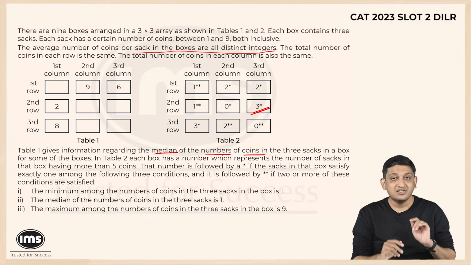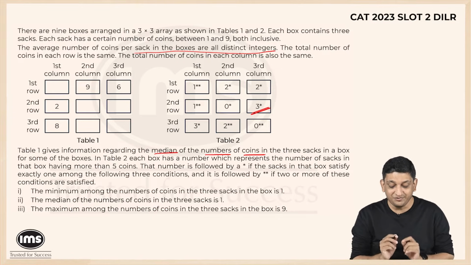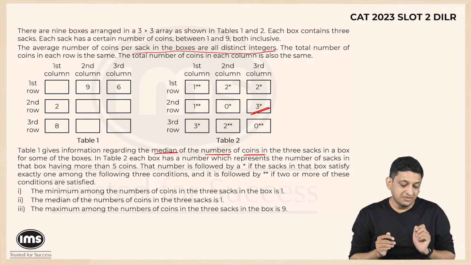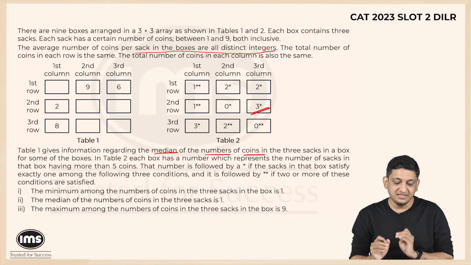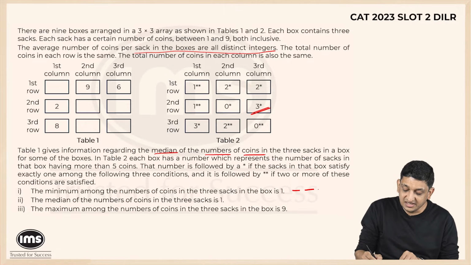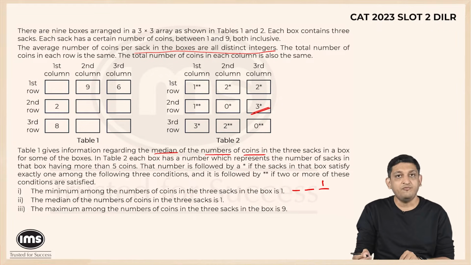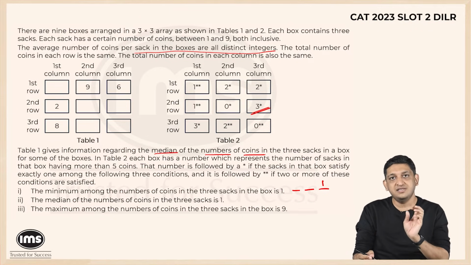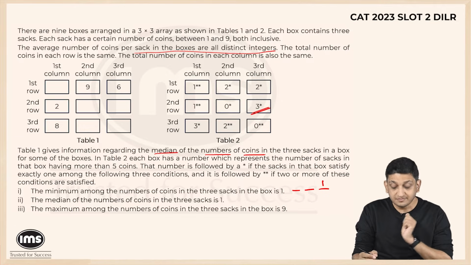And it is followed by 2 asterisks if 2 or more of these conditions are satisfied. Now what are these conditions? The minimum among the numbers of coins in the 3 sacks in the box is 1, which means if there are 3 sacks, the minimum number of coins will be 1. So condition number 1 will mean that the coins are in the form of dash dash 1.